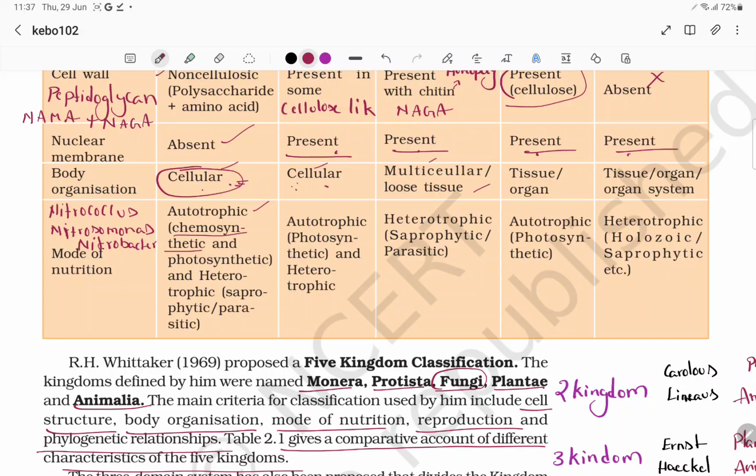These are chemosynthetic. Thiobacillus, Pseudomonas. So these will come under chemosynthetic.